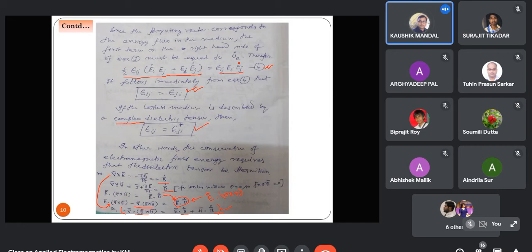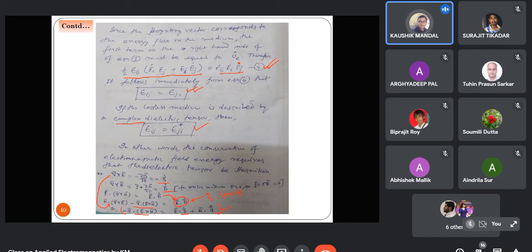In that way, we can prove that the dielectric tensors are Hermitian in nature, basically to satisfy the conservation of electromagnetic energy. Why are we saying conservation of electromagnetic energy? From the point of view of conservation of electromagnetic energy, we can write down this particular equation only.